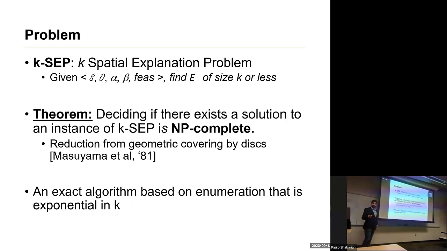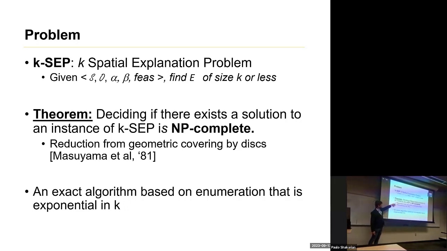Because we were taking the combinatorial route, we framed this as a combinatorial problem. The decision variant we called K-SEP, the K-spatial explanation problem. Given that input, the space, the observations, the alpha beta distance constraints, and the feasibility predicate, find the set.